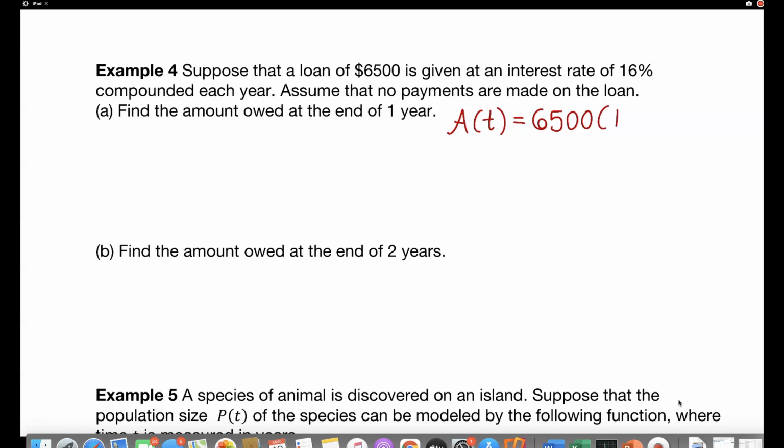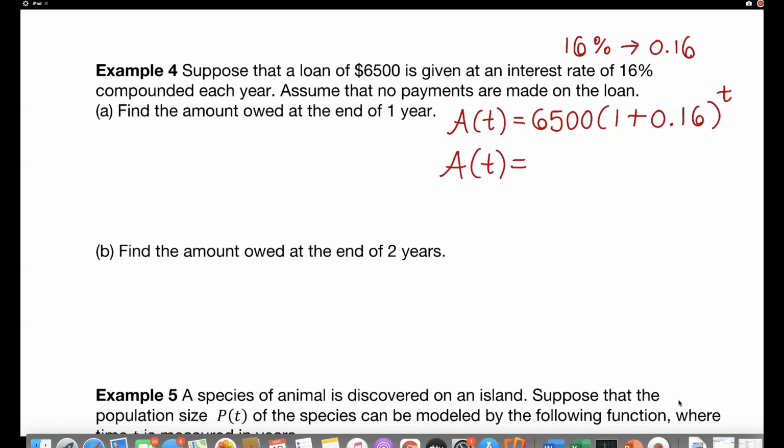Now, we borrow money. Do you think the debt is going up or going down? Going up definitely, right? Plus the rate of 16%. But 16% in decimal is 0.16. So you okay with me writing the growth factor as 1 plus 0.16, and t is just the number of years.